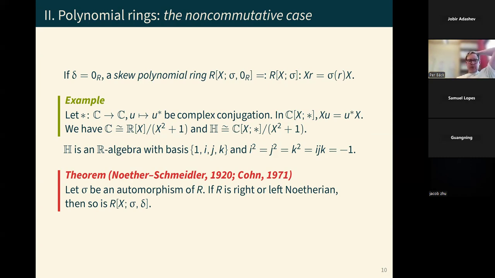So all these examples that I showed you are Noetherian by this theorem. You start with a field, which is Noetherian. You use the classical Hilbert basis theorem, then the polynomial ring is Noetherian, and then you use, again, the Hilbert basis theorem for Ore extensions to conclude that all these rings are Noetherian.